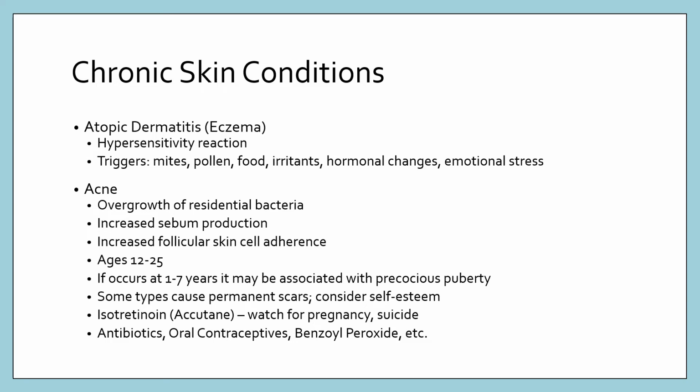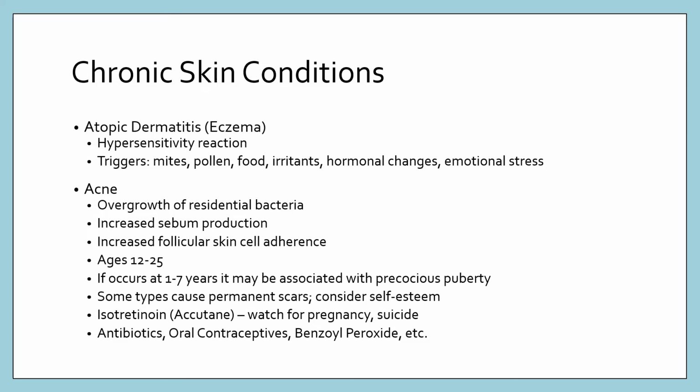Here it's saying if you have a child that has precocious puberty, so some kids can get puberty early, and that's defined as less than 7 years old. If you see a lot of acne in kids that are younger than that age, then you would need to follow up, because that could be an early sign that they're in precocious puberty.